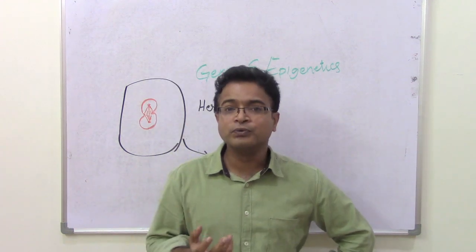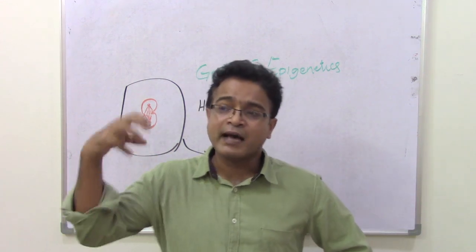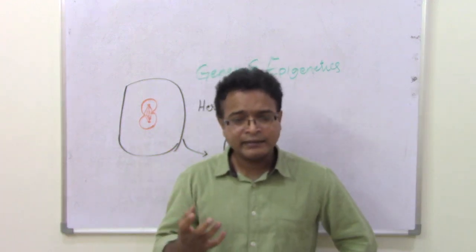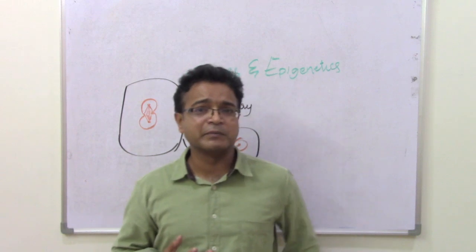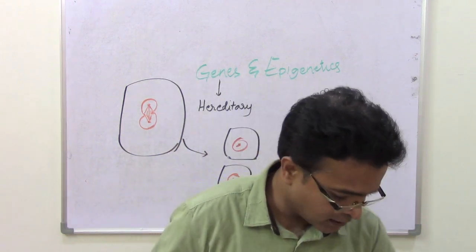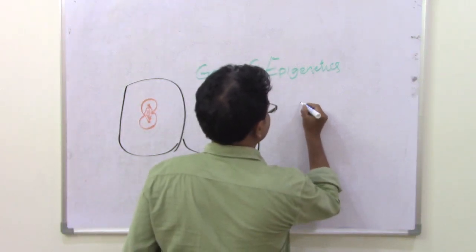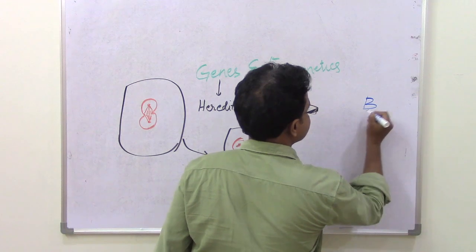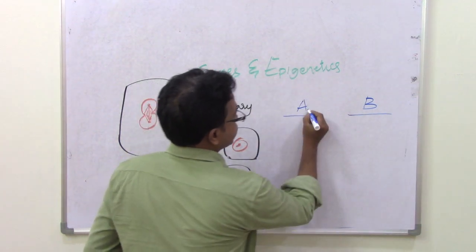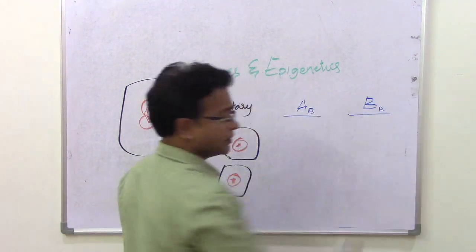How do you prove that genes, these chromosomes or this DNA, actually carry traits from one generation to another? They did different kinds of experiments. Let's say there is species A and species B, both bacteria.